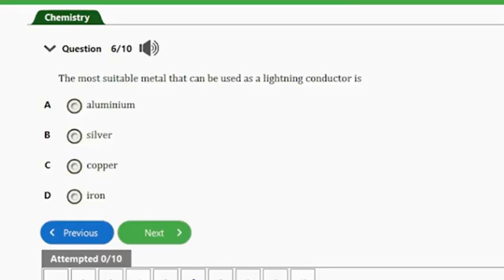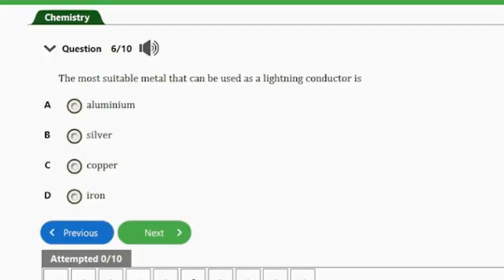Question number 6. It says, the most suitable metal that can be used as a lightning conductor is A. Aluminium, B. Silver, C. Copper, D. Iron. So guys, the answer to this question is option C here, copper. Copper is the most suitable metal for a lightning conductor, and it has an excellent electrical conductivity.